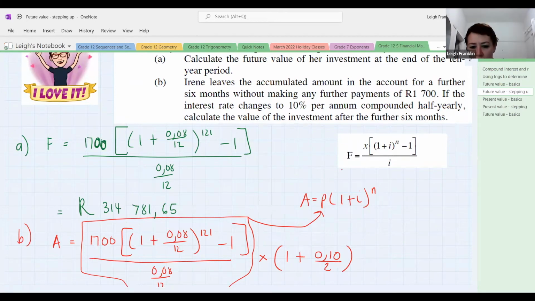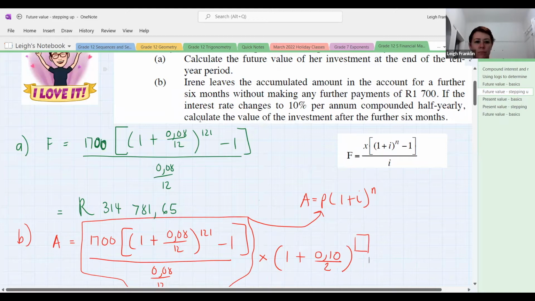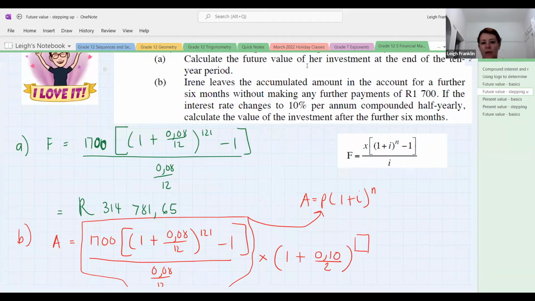So what is going to be the exponent on this bracket? Can anybody tell me what is going to be the exponent on the bracket? The interest is compounded half yearly, and the money is left in the account for 6 months.